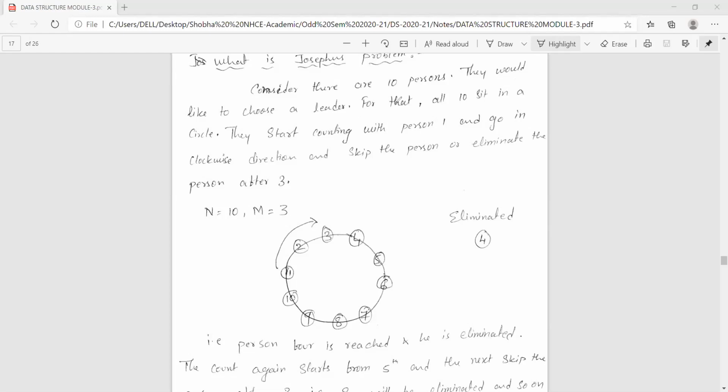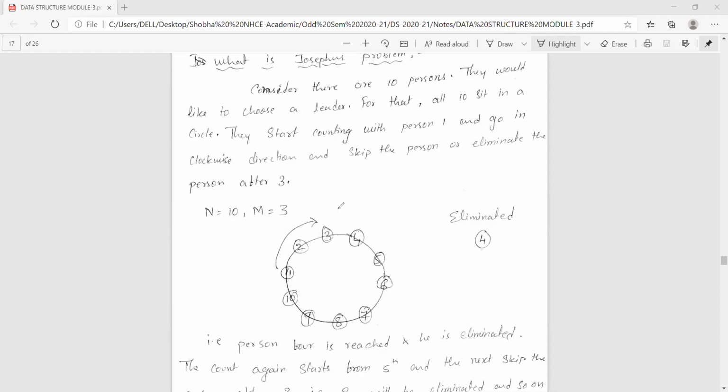Using this algorithm, how we decide which process is to be executed first will be discussed by using some steps or algorithm which is defined in Joseph's problem. Now let me take the same example which you are seeing on the screen.